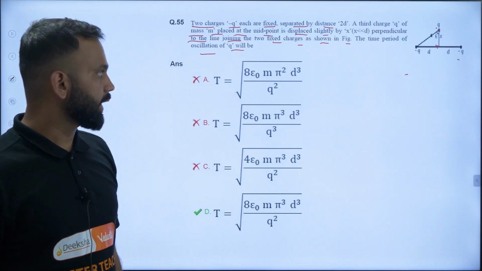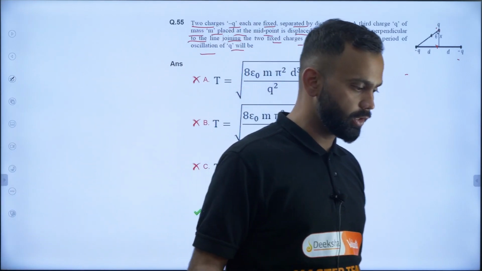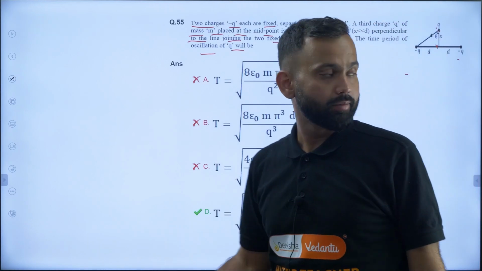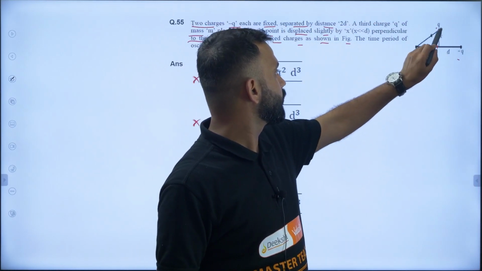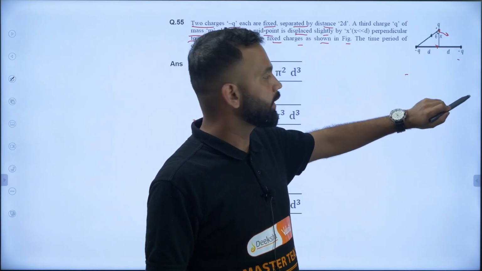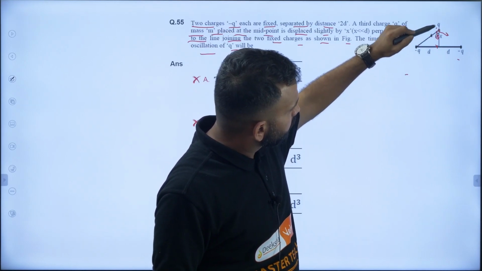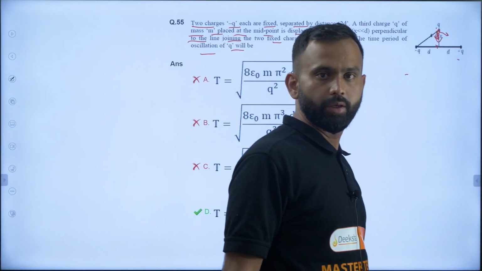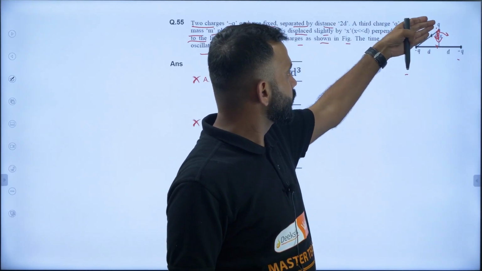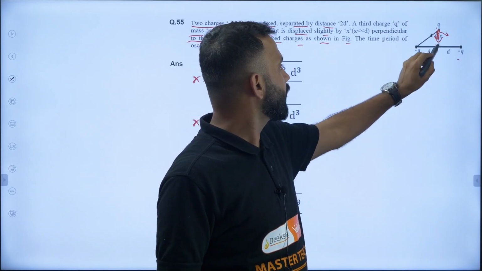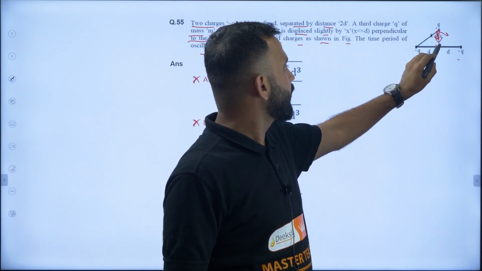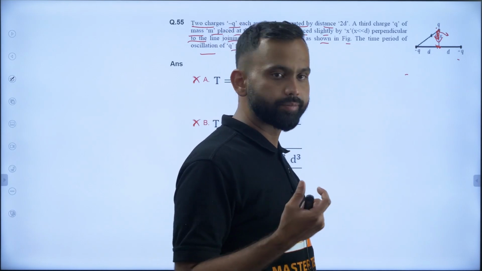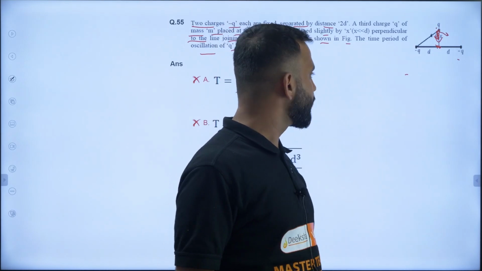Let's see whether it performs simple harmonic motion or not. When it is slightly displaced, there will be two forces, and this is the resultant force. Now the force increases, and so on. When it reaches the midpoint, its velocity is maximum and acceleration is 0.